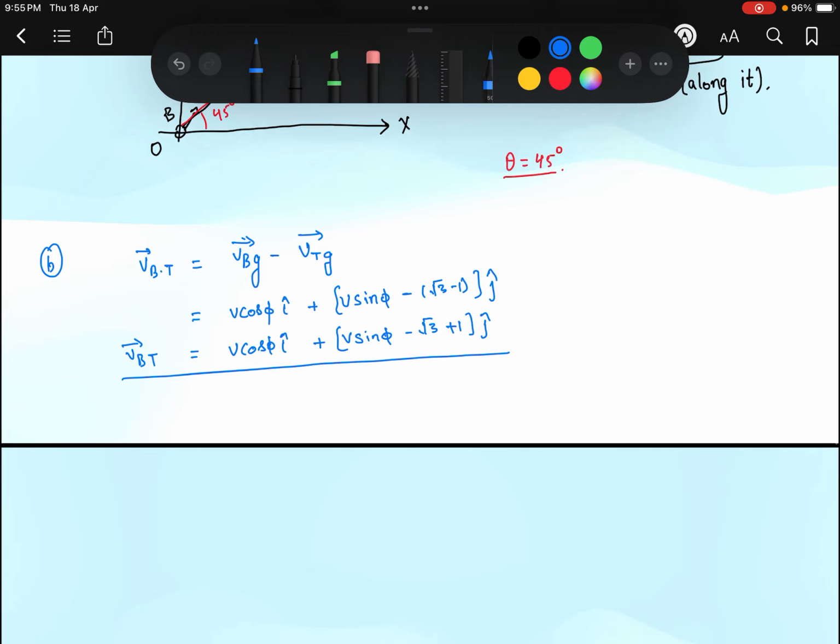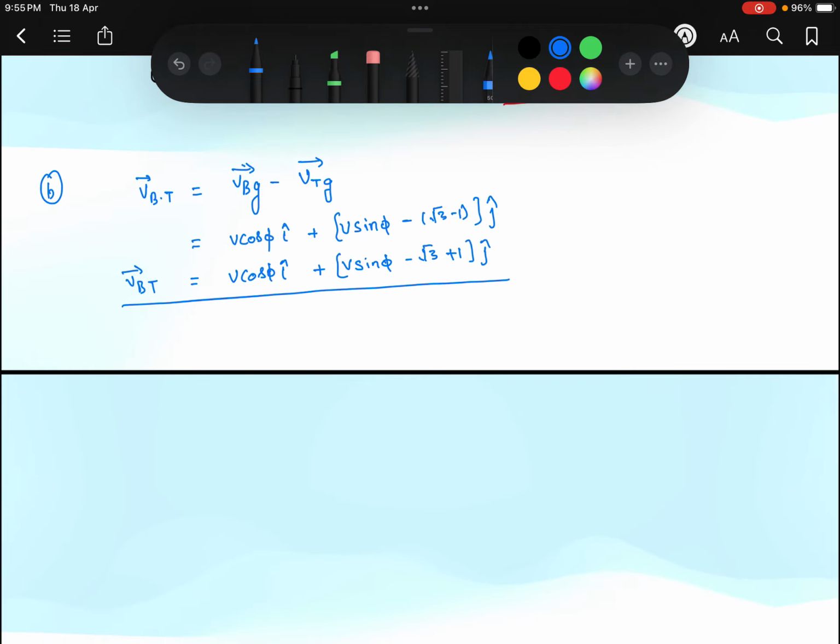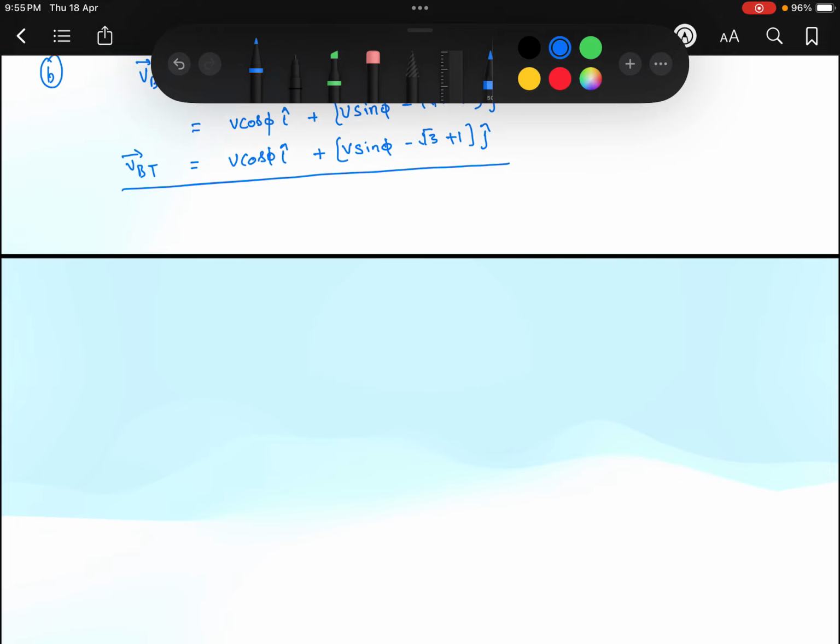Okay, so as we have solved in question number 1 that theta is equal to 45 degree, and in the second part it is given that phi is equal to 4 theta by 3. So this phi will be equal to 4 multiply 45 divided by 3. So that will be equal to 60 degree.